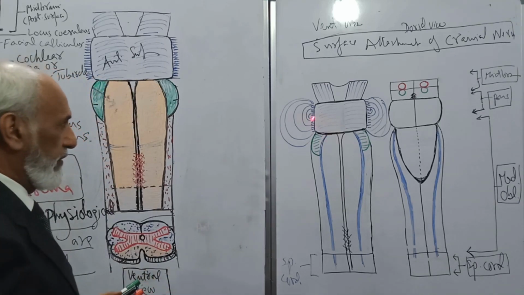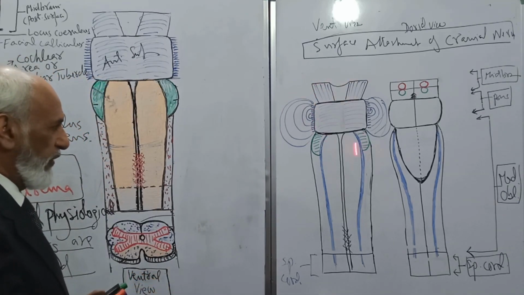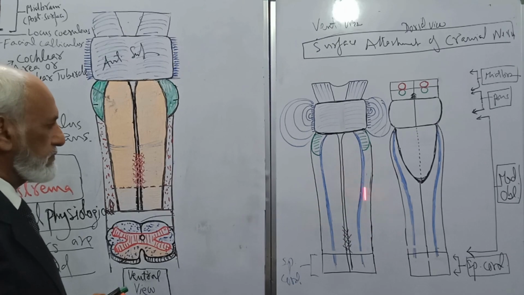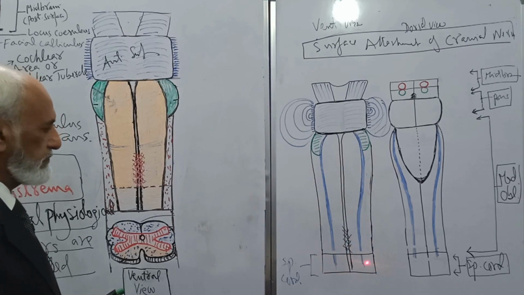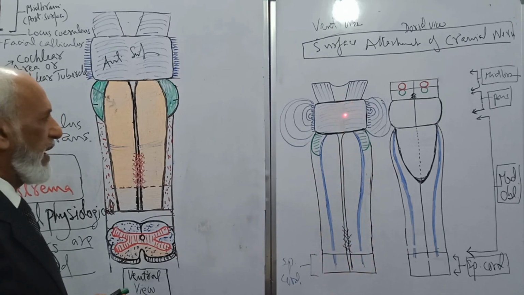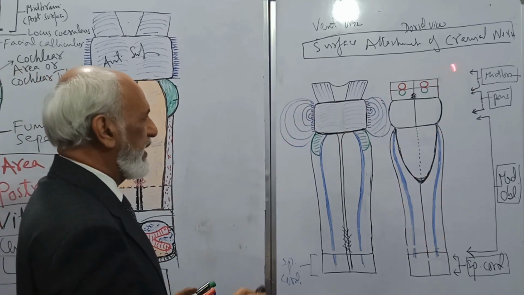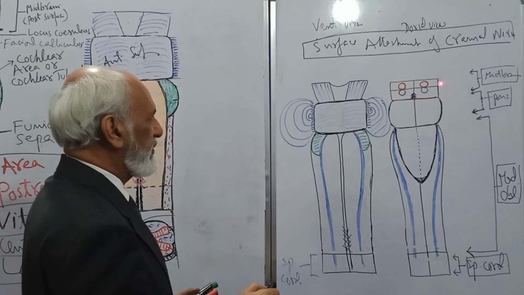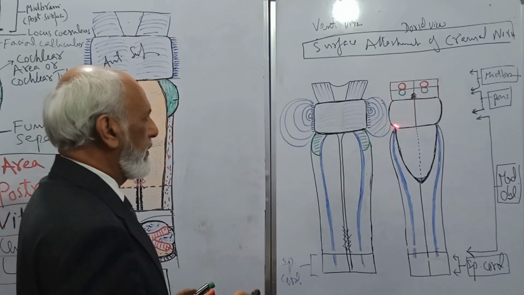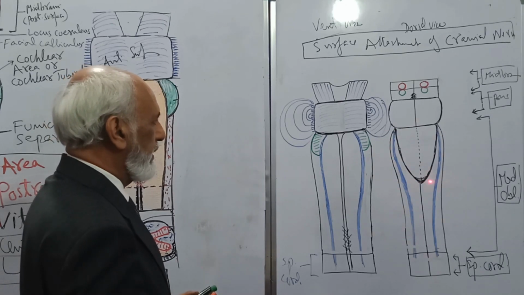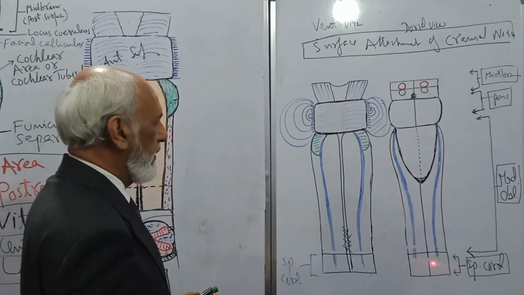Now you can see this is the ventral aspect of the brainstem, midbrain, pons, medulla oblongata. Below it continues as spinal cord, and behind the pons and medulla oblongata, right and left cerebellar hemispheres. This is the dorsal aspect of the brainstem, dorsal surface of the midbrain, pons, then medulla oblongata, open part and closed part, and this is spinal cord.